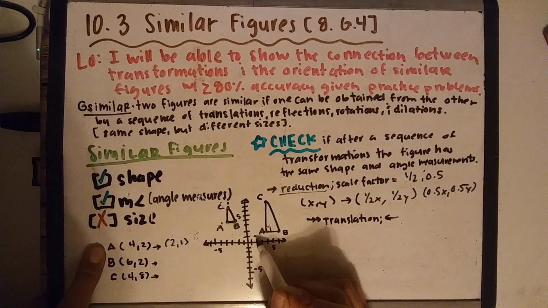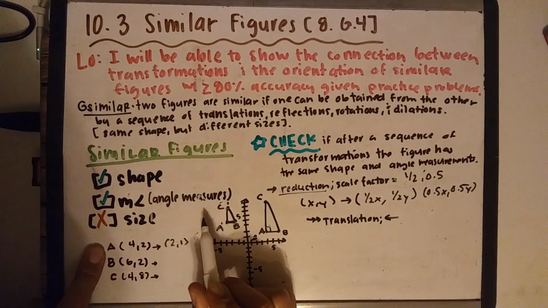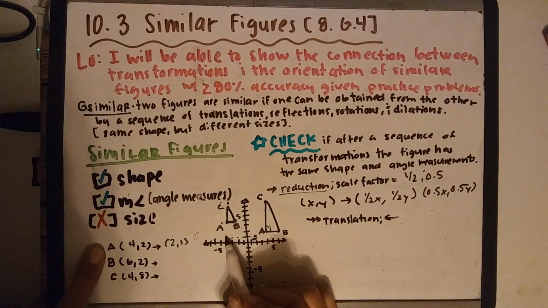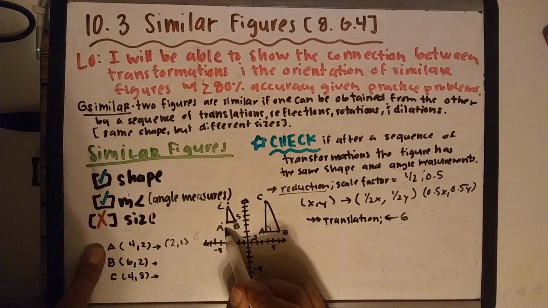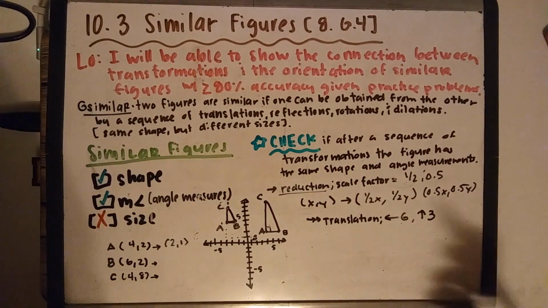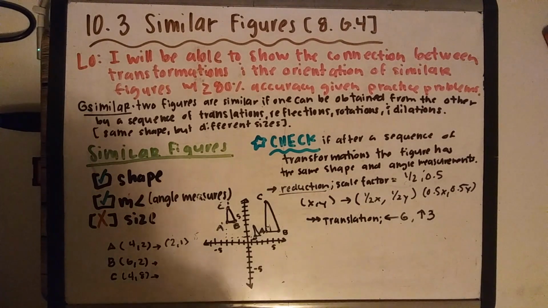So that will be right here, that will be my B prime. But I went from here all the way up here. So I have to check how much I moved to the left and up. When I went 1, 2, 3, 4, 5, 6, I went 6 to the left, and I went 1, 2, 3 up.